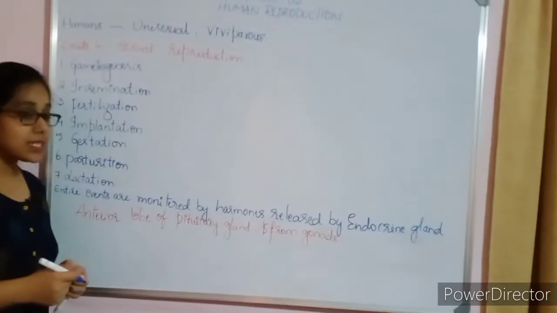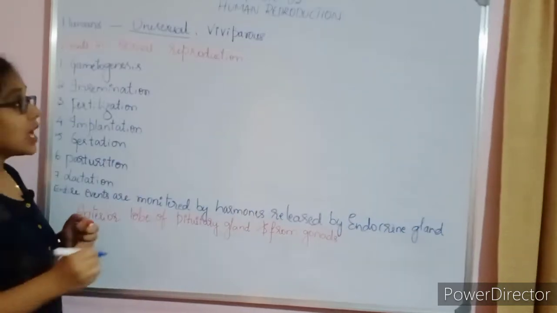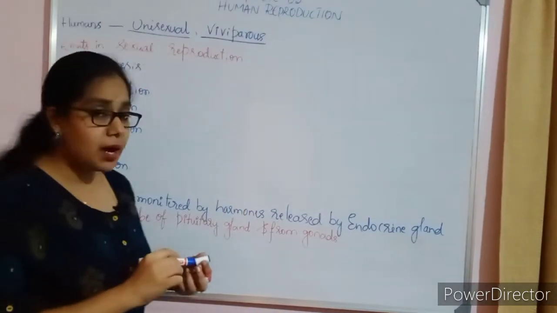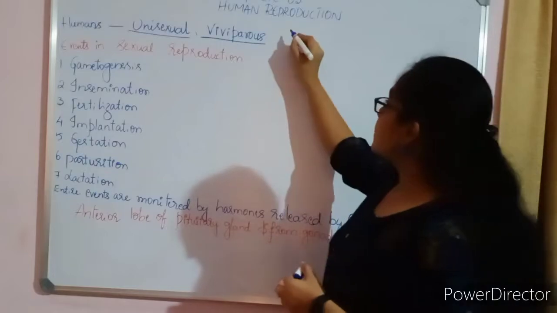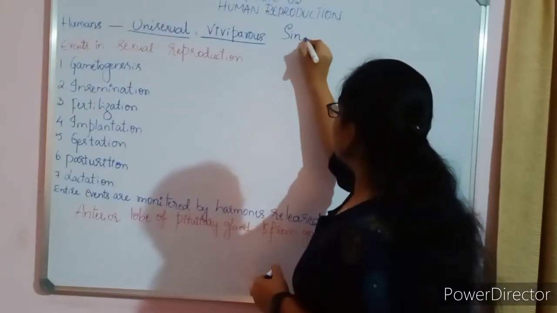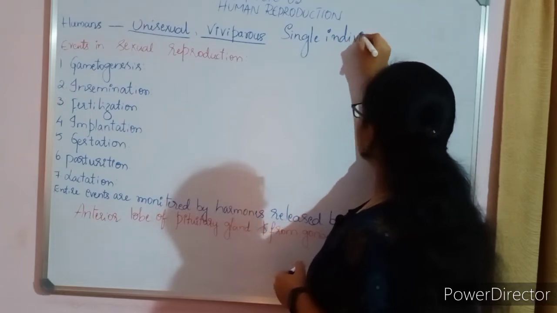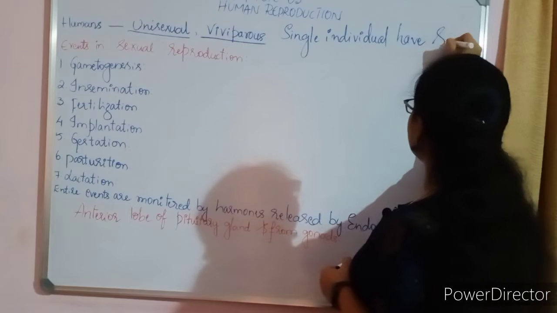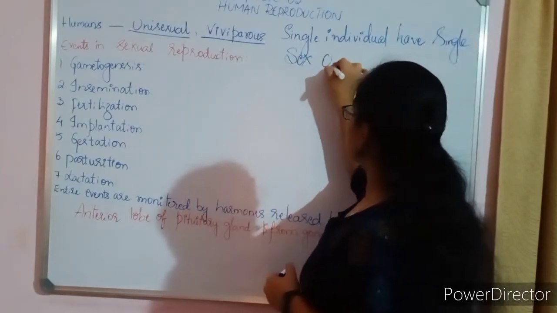See, as we know, humans are unisexual organisms and they are viviparous. So what do you mean by unisexual organisms? That means a single individual has single sex organs.